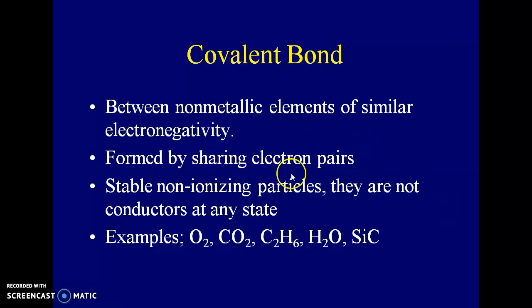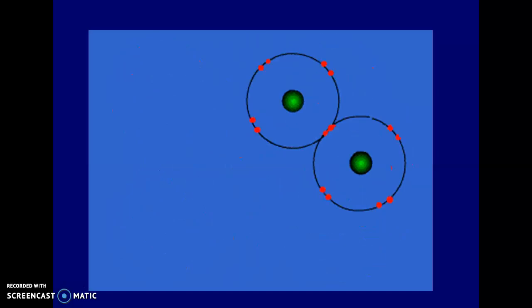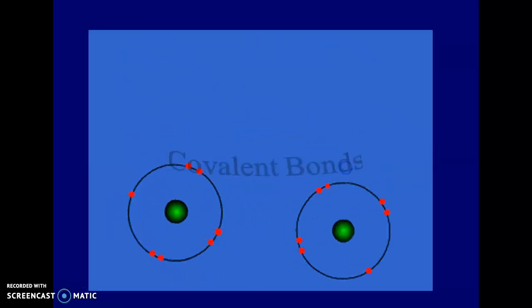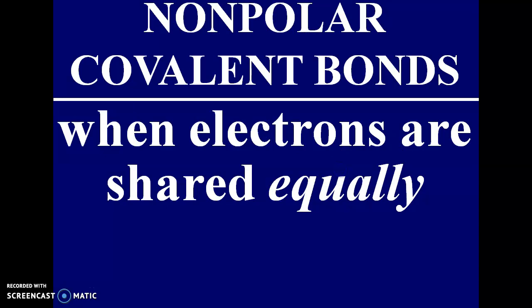They form stable, non-ionized particles, and they do not conduct in any state. For example, oxygen and CO2. Atoms share electrons for stability, known as a covalent bond. Bonds in polyatomic ions and diatomic molecules are called covalent bonds.